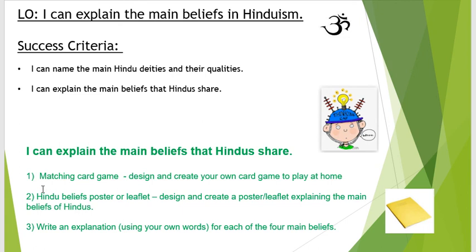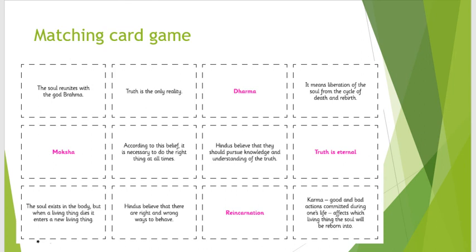So number 1 then is about creating a card game. You design and create your own cards, and they might look a little bit like this. You'd have a card with the name of one of the 4 beliefs, and then you'd have a little short explanation on a different card, and you'd create these for each of the 4 main beliefs.